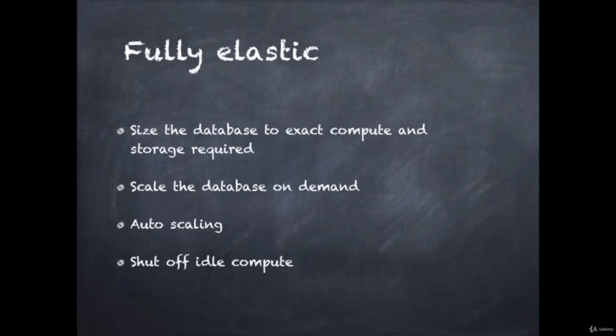You can scale the database on demand, and you can do this scaling independently on the compute or on the storage. Also very important to know is that these resizing operations occur instantly with the database being fully online. This means that there is no downtime when these scaling operations occur.